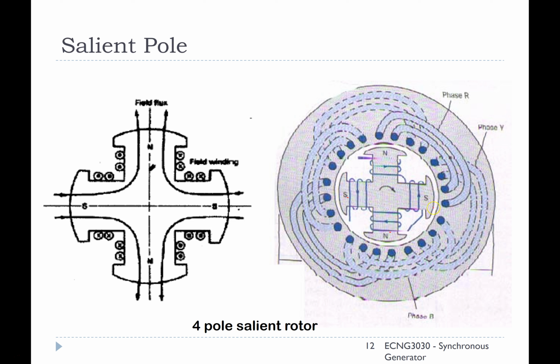Remember, this north-south will be determined by the direction in which the current travels here. So when the current travels in this direction, it will create a north pole, and then you have to wind it around here so that you get a south pole on this side. So that is what you have to do in order to get the salient pole to work the way you want it to.